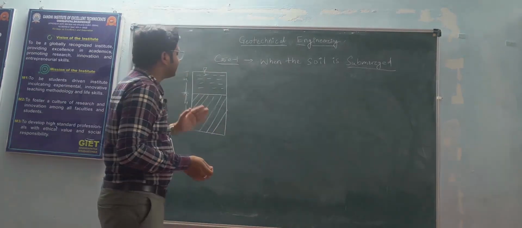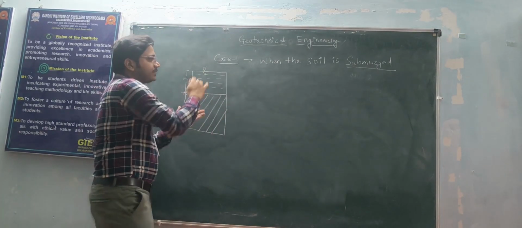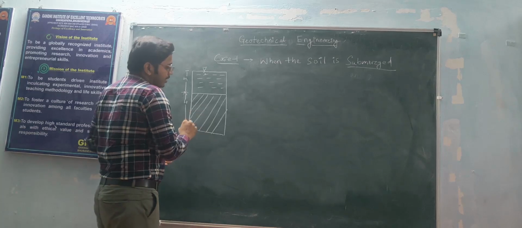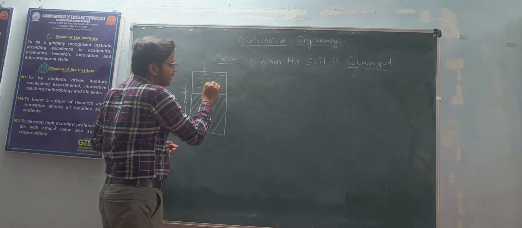In this case the soil is present here and the water is submerging the soil mass. So here the unit weight will be gamma saturated and here it will be gamma w.